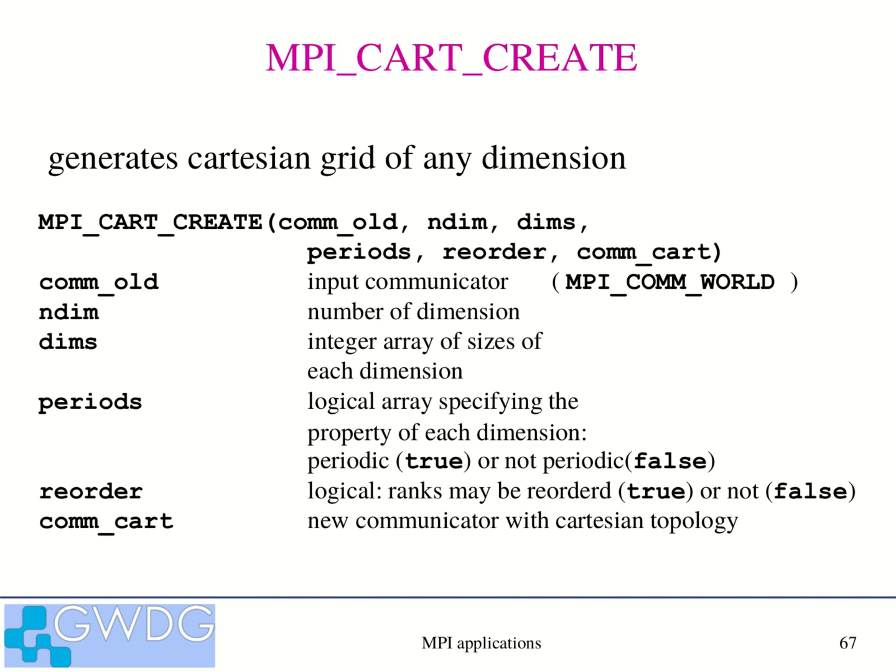So you can call MPI cart create with processes in the old communicator, and you give the dimension of the grid, the values of the dimensions in an array, and then you can specify periods of this grid, which means that you can specify a periodic or non-periodic grid for each dimension.